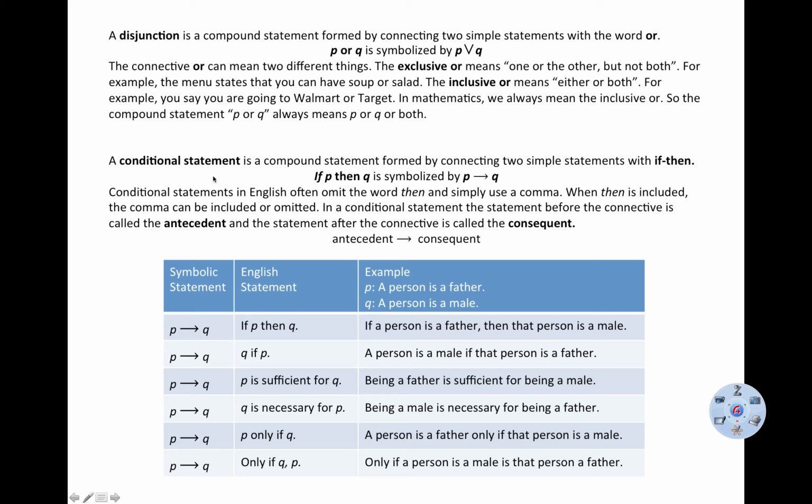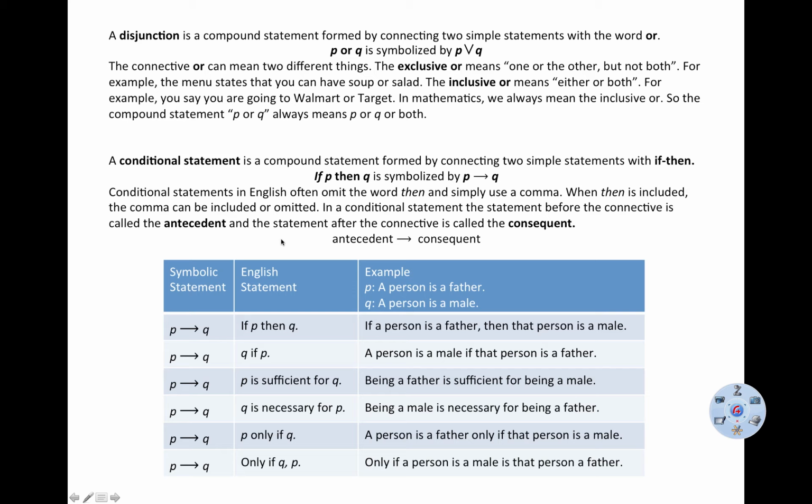A conditional statement is a compound statement formed by connecting two simple statements with if-then. Okay, if P, then Q. And here's the symbol for that, it's an arrow. Conditional statements in English often omit the word then and simply use a comma. When then is included, the comma can be included or omitted.